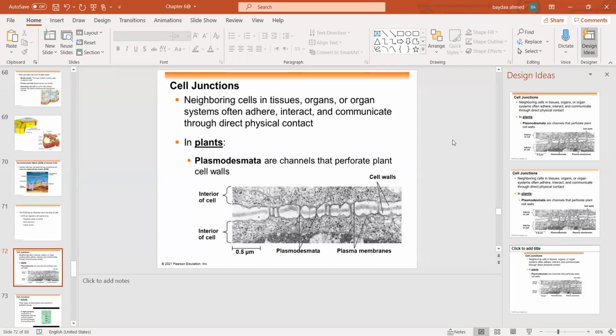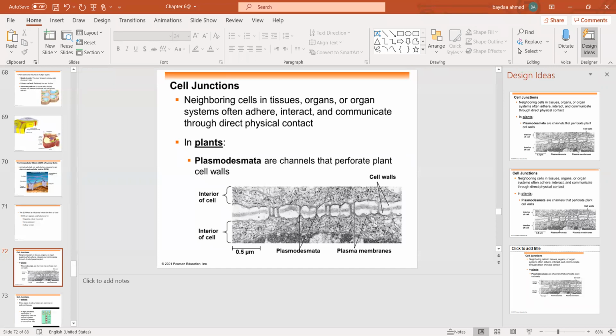Cells in animals and plants are organized into tissues, then organs and organ systems. Neighboring cells often adhere, interact, and communicate via sites of direct physical contact. In plants, it might seem that the non-living cell wall would isolate plant cells from one another. But in fact, many plant cell walls are perforated with plasmodesmata.